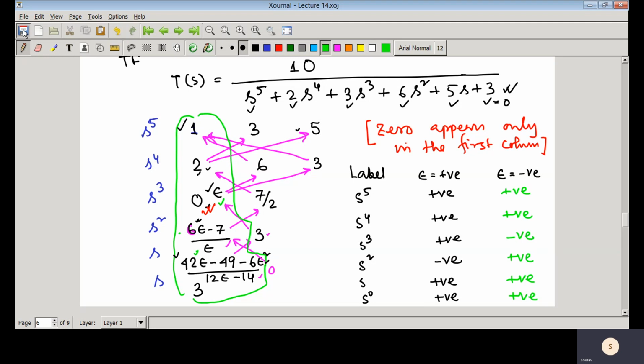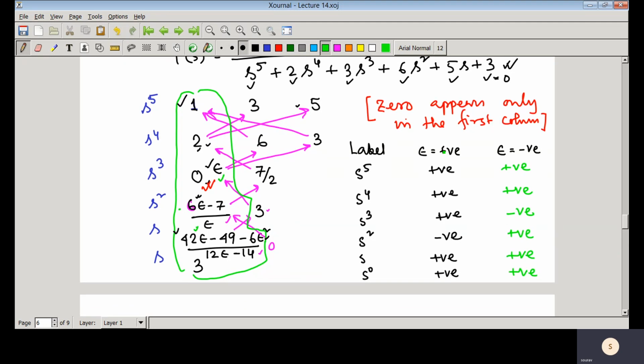So here in the first column we can see a change of sign: no change at first, but here you have a change, and here again you have a change.